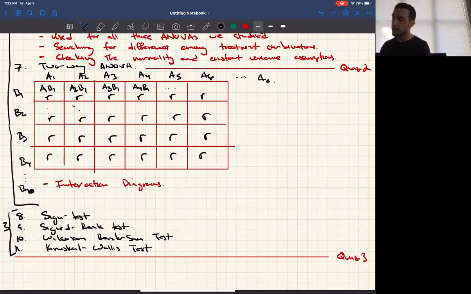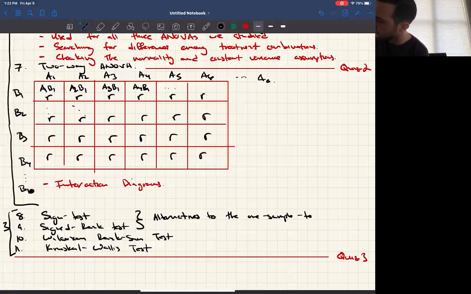Now, going back to the original question about how can you identify the type of data? Each of the non-parametric tests would utilize the same type of data as the 1-sample t-test, the 2-sample t-test, and the ANOVA, right? So our sign test and our signed rank test, these are alternatives to the 1-sample t-test / paired t-test.